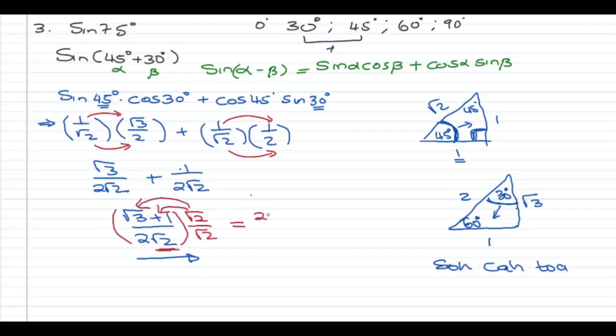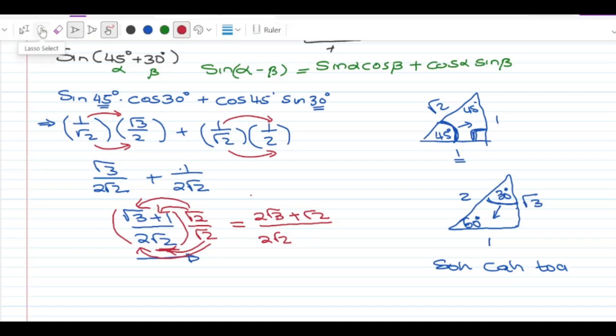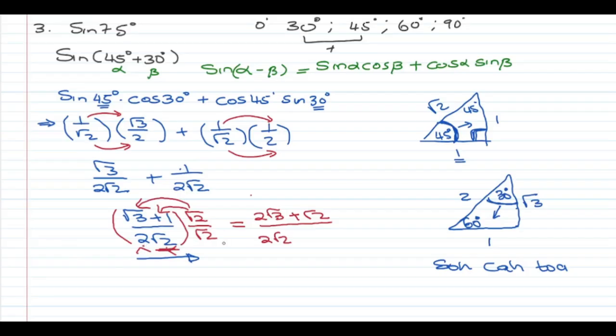Because when we say rationalize, we are removing what? The root on the denominator. Then you do the same, this times that root 2. Oh, I'm sorry, this is a term. I see now, this is a term. So we just have to multiply this by that term.